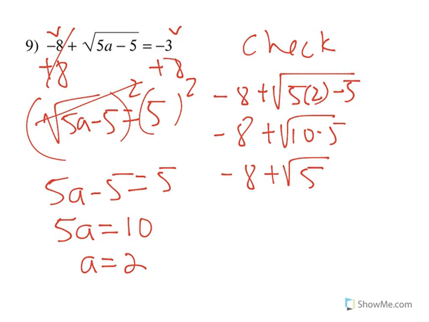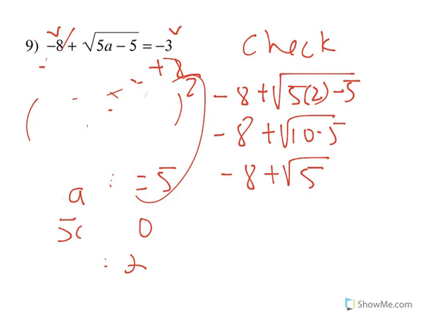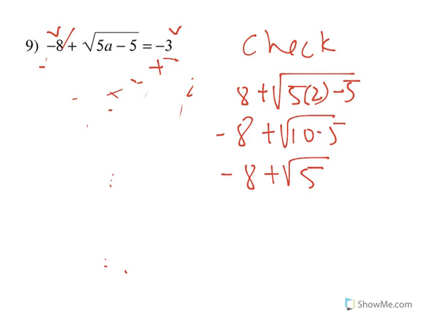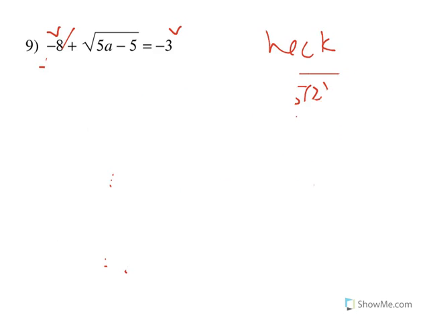That means there's a mistake somewhere. Let's go back and double check. I see that I made a mistake here. Let me redo this again. Whenever we work with square roots, it's always good to go back and double check our work.